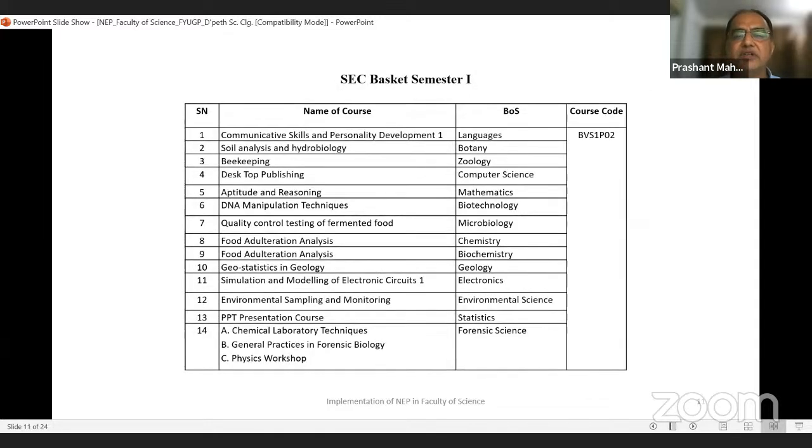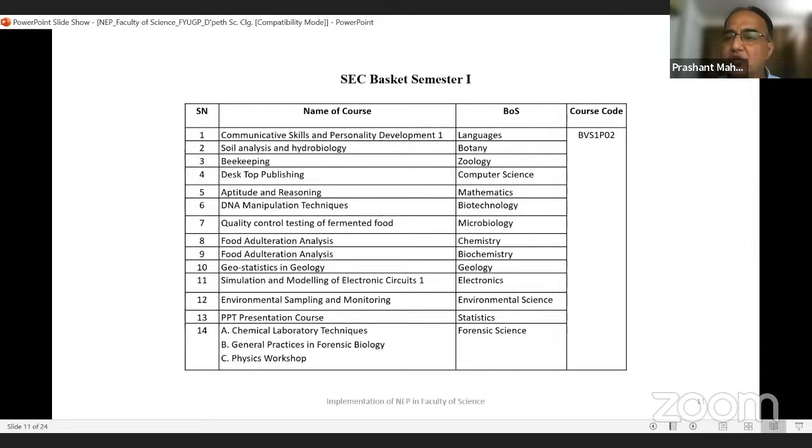Then now we have the skill enhancement basket, semester 1. If you see this curriculum scheme of semester 1 and the curriculum, you will find that the skill enhancement course is right there in semester 1. Also in semester 2. Similarly, the vocational skill course is right there in semester 1. The vocational skill course is right there in semester 2.